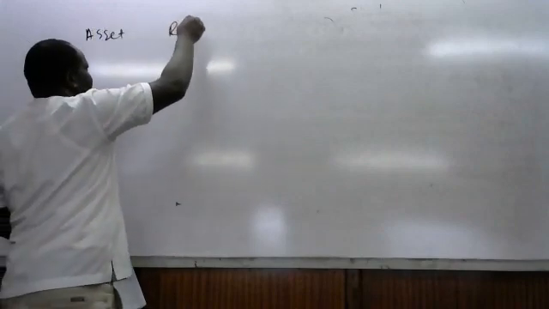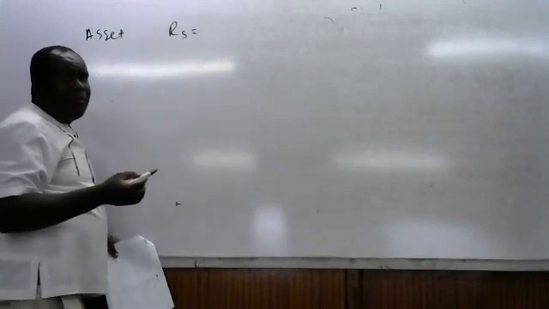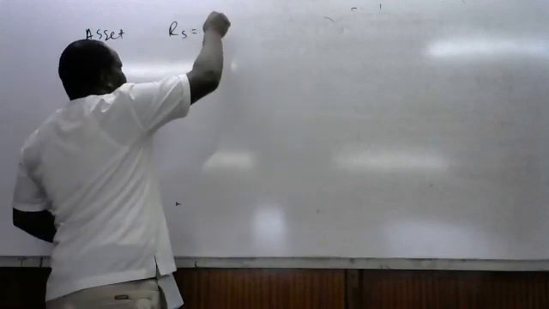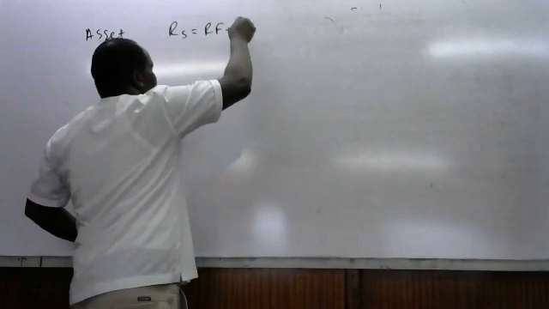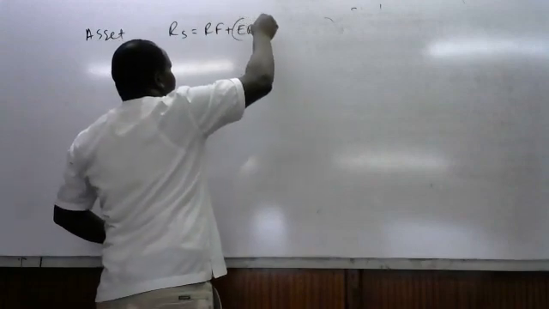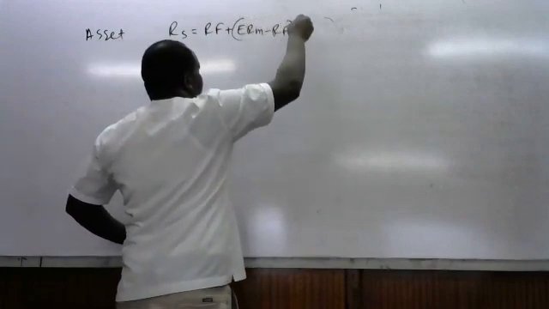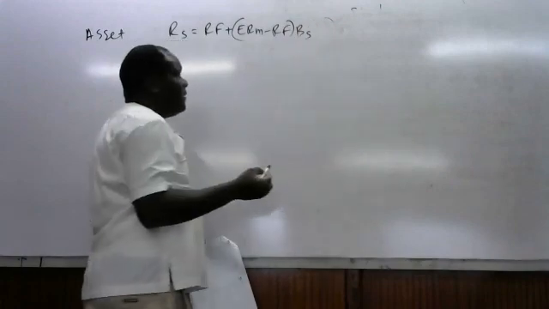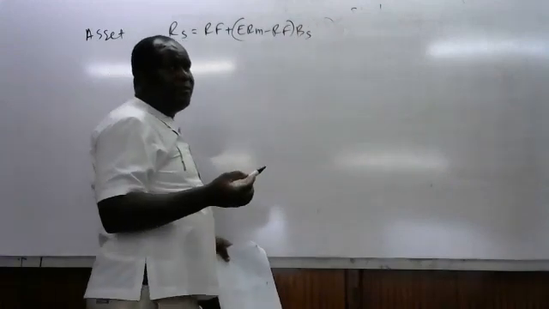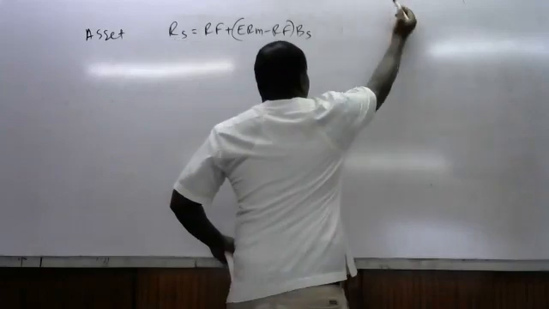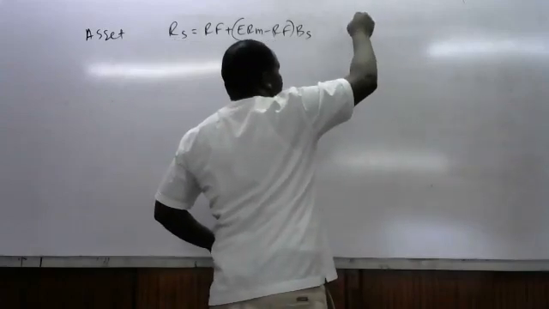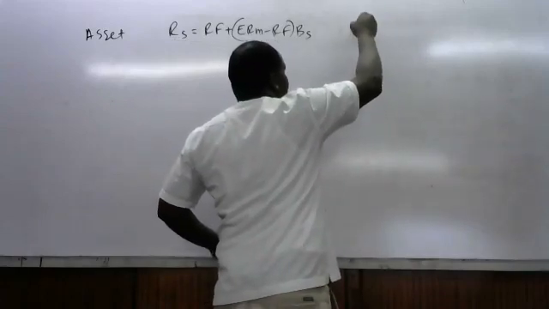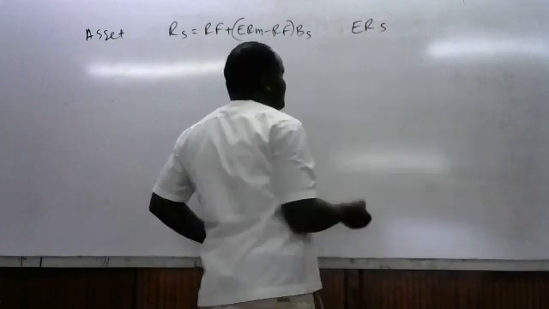Then the return of that security will be the risk-free rate plus, in brackets, the expected return for the market minus the risk-free rate, multiplied by the beta factor of the security. We compare that with the current return of the security, or simply the expected return of the security.